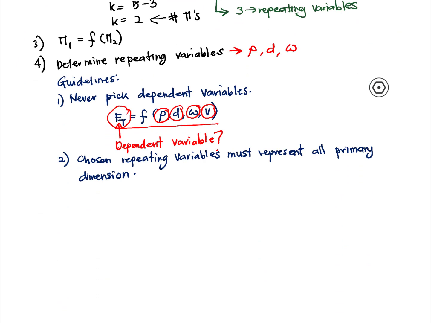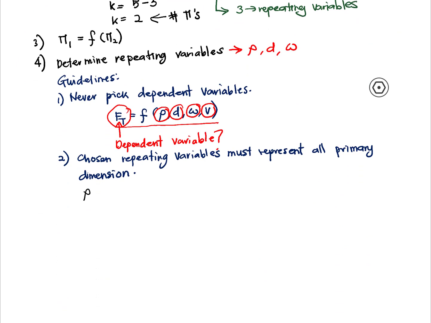We choose rho, kilogram per meter cube, and then diameter is meter, and then omega is 1 over t.